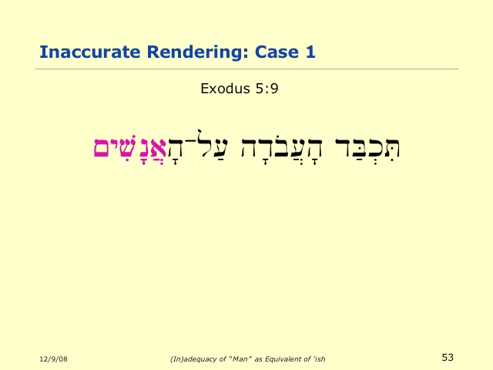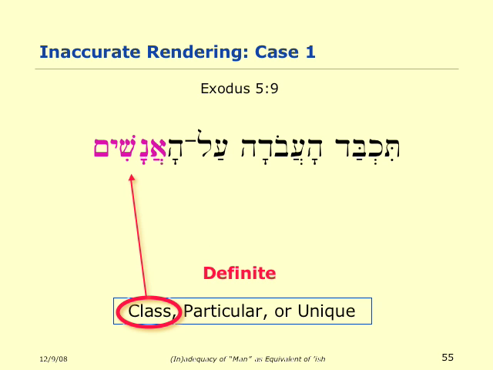Meanwhile, we ask, what is the social gender sense of ish in this construction, or anashim? Notice that the noun's determination is definite, while the referential function is to a grammatical class, that is, to whom it may concern. The group itself may be unique and determined, but its members are not specified.